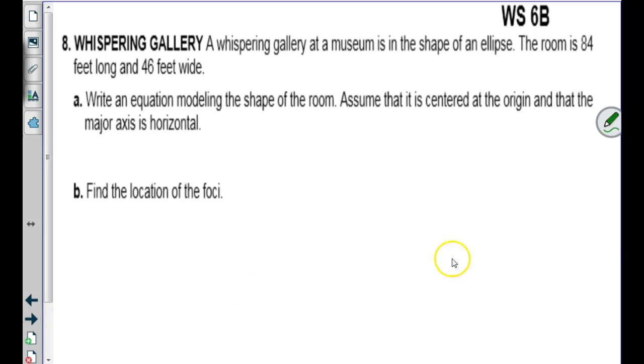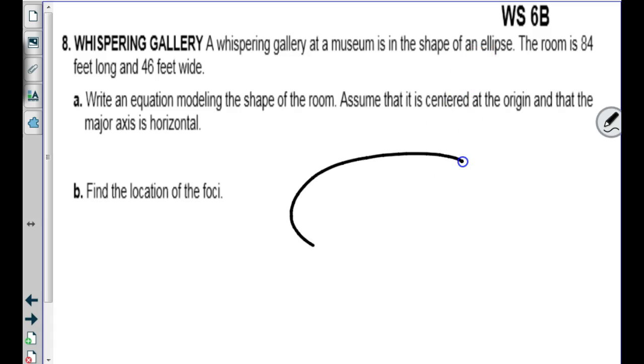All right, there's a couple applications on 6B. I don't know if I talked about applications with this class yesterday. Has anybody ever been where you could whisper and you could hear it somewhere else really clearly in the room? Like the Capitol building has one place I know. It's called a whispering gallery, and it means it's in the shape of an ellipse.